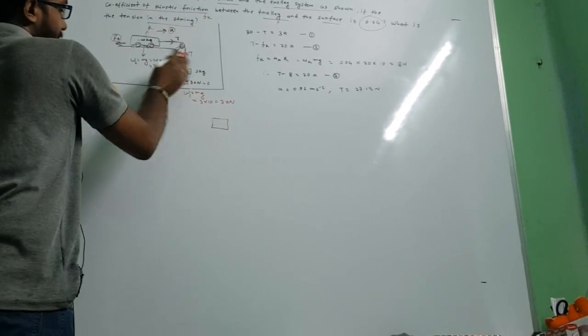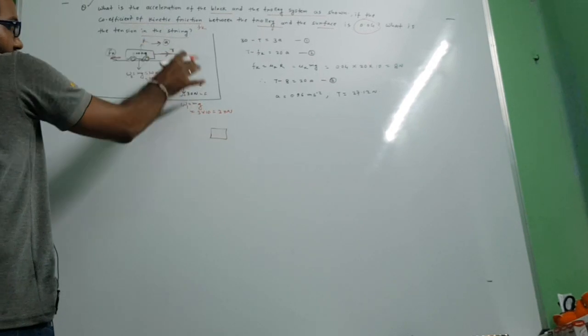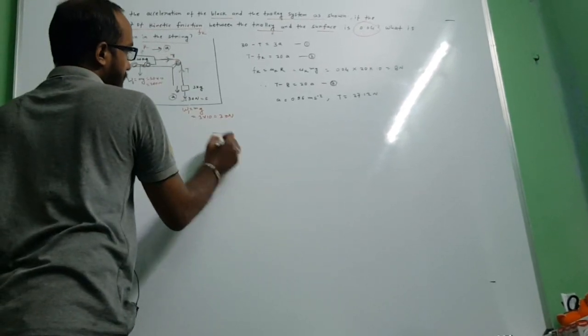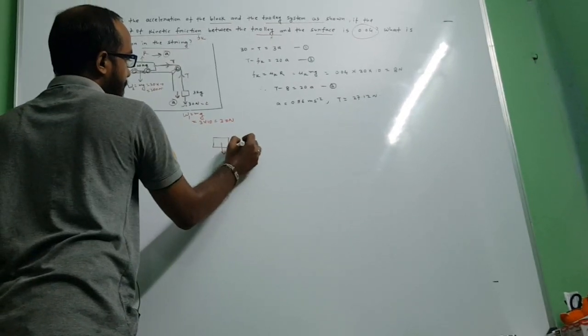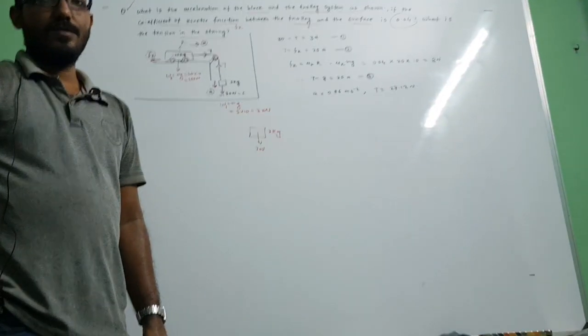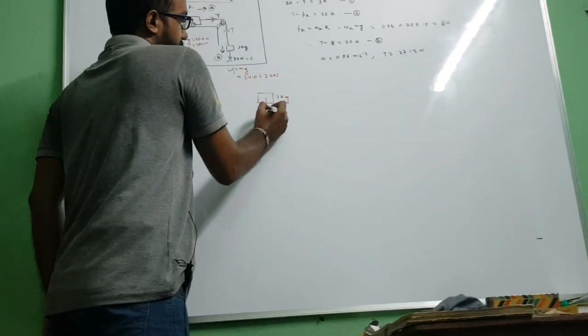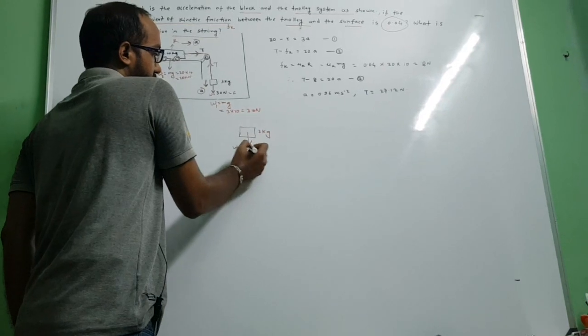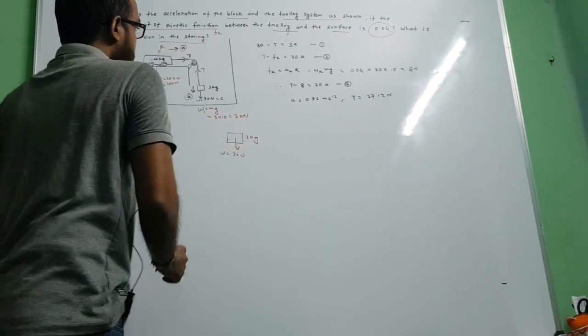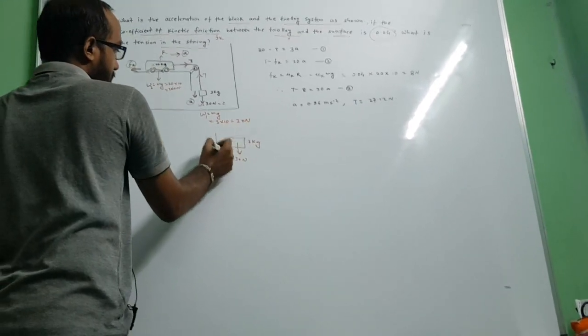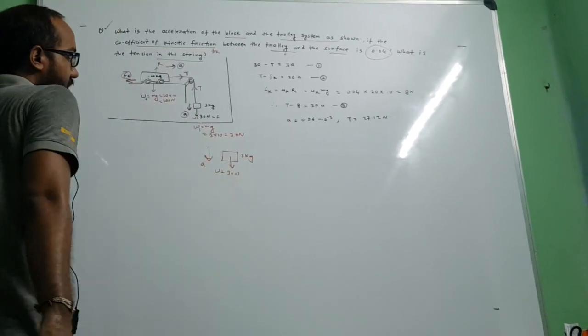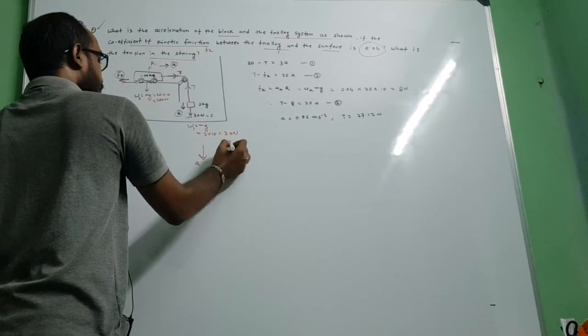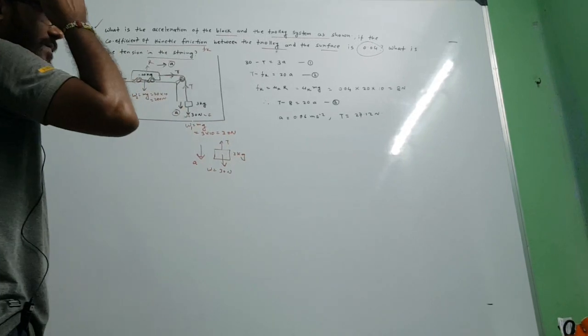See, FBD means you have to free the attached objects. Now here, this is the 3 kg object. The weight is a force acting downward, 30 Newton, and the object is going downward with acceleration A, and here we have the tension force T. So this is known as the FBD, free body diagram.